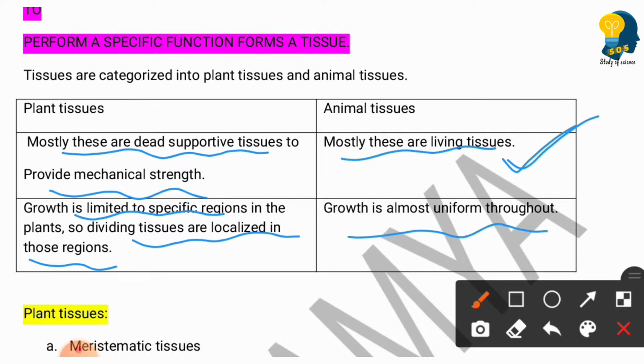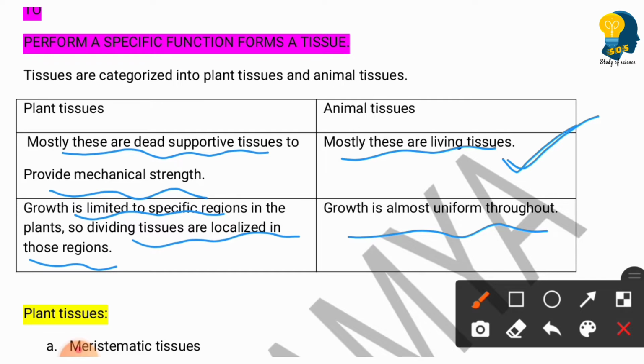Even when we look at the adult, his height is increased compared to the small child, and the size of the hands, legs, body, face, everything is increased. So the growth is uniformly increasing as the baby grows from a smaller age to the next level. So in animals, the growth is uniform throughout.